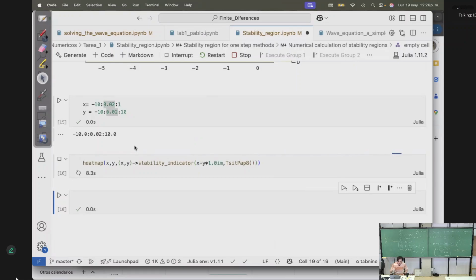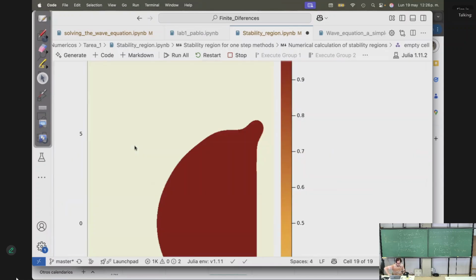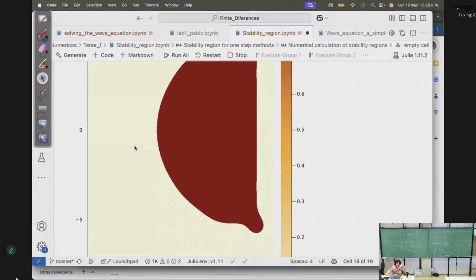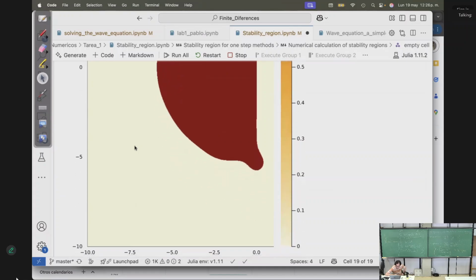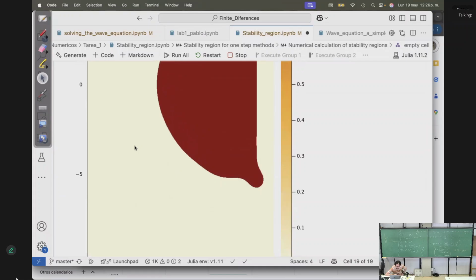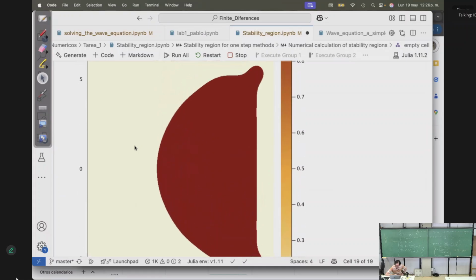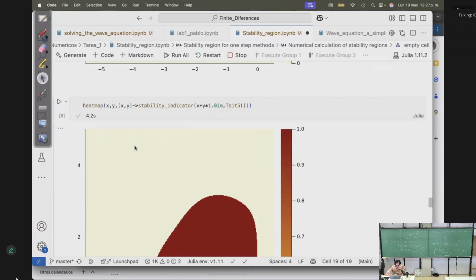So let's see. So yeah, this is kind of a monster compared to the stability regions of the other methods, but you see that's actually very good, right? So this is much larger than that one here.